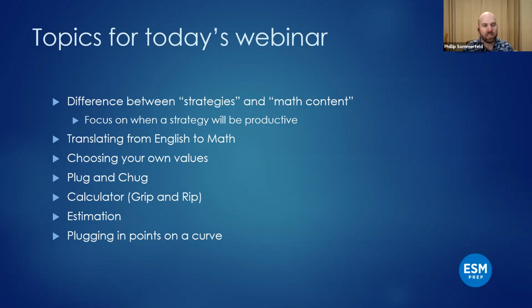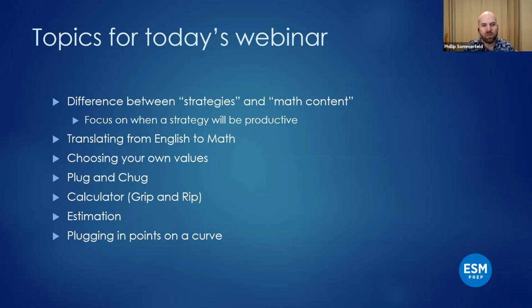And so the different strategies that we'll talk about, the first one is maybe a little bit less of a strategy and more just a basic understanding you have to have in order to tackle some of these things. But that's translating from English to math. So kind of knowing when you're supposed to be doing a certain operation: addition, subtraction, multiplication, division.